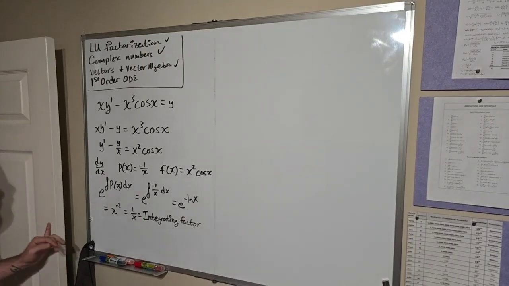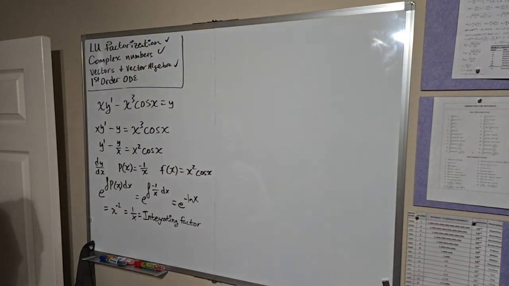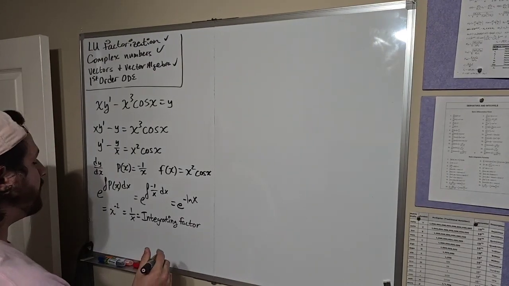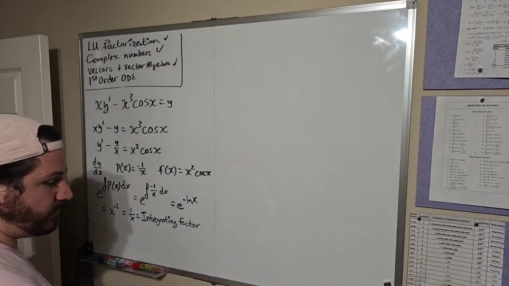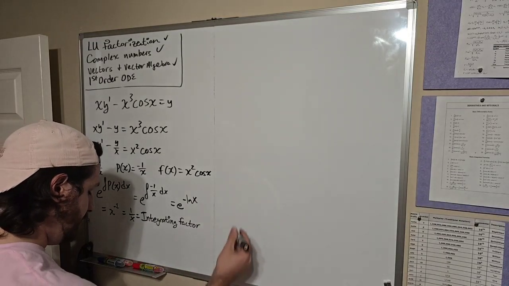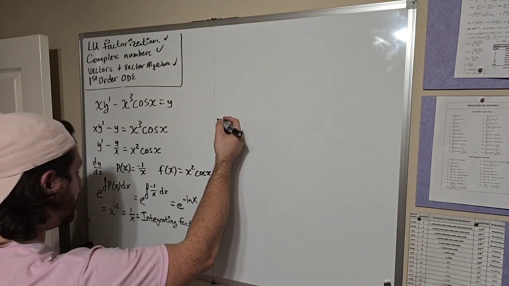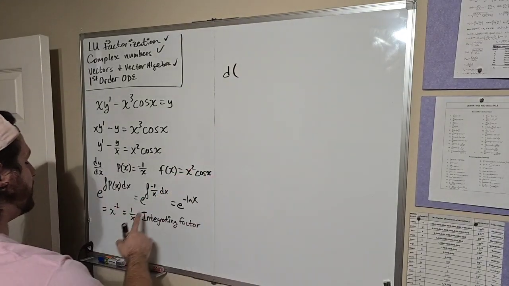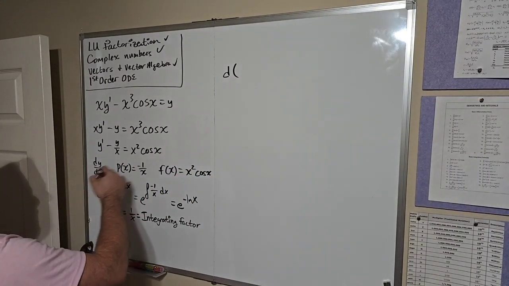So I was talking about how you're going to multiply this integrating factor across the entire general equation, and that is what we're going to do. There's two ways to write it. The way that I think is more confusing at first, but easier once you're used to seeing it, is this form here, where we take d, and inside the d we do 1 over x times y.